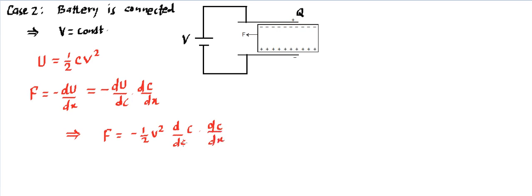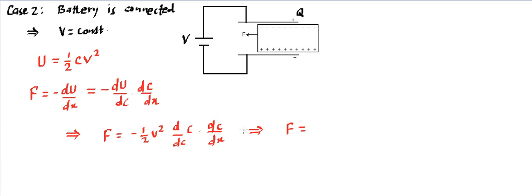We know this dc by dc will become 1. So the force is going to be equal to minus half CV square, minus half V square. C has got cancelled out.